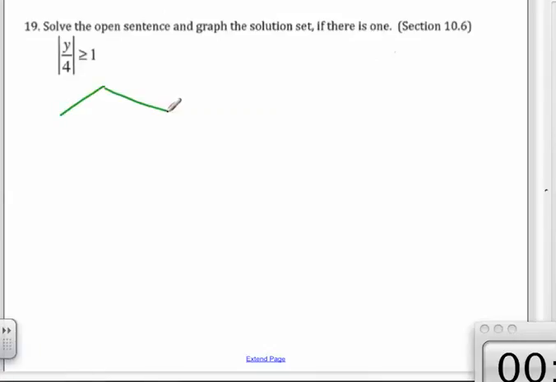Okay? I'm going to get y over 4 is greater than or equal to 1. And y over 4 is less than or equal to negative 1. Now, if I've noticed, I can tell that this is going to be a disjunction because the inequality sign is greater than or equal to.